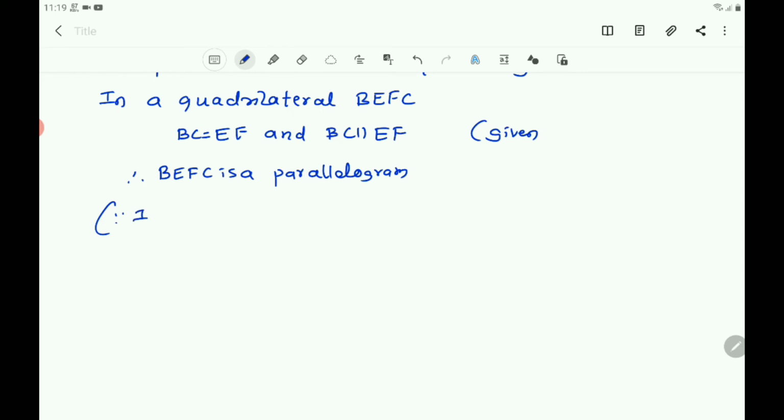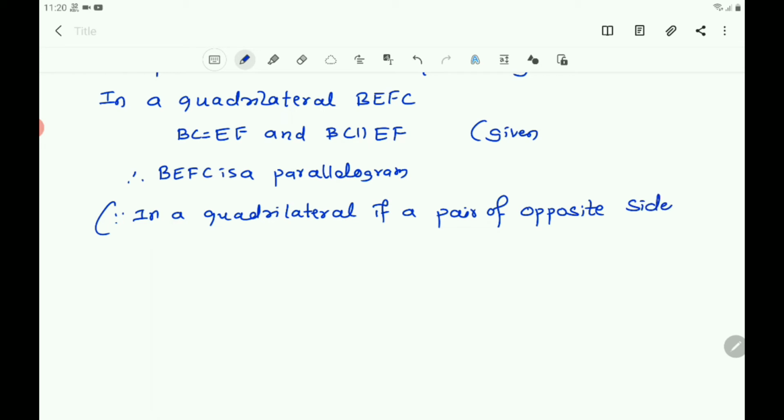BEFC is a parallelogram for the same reason, because in a quadrilateral, if a pair of opposite sides are equal and parallel, then it is a parallelogram.